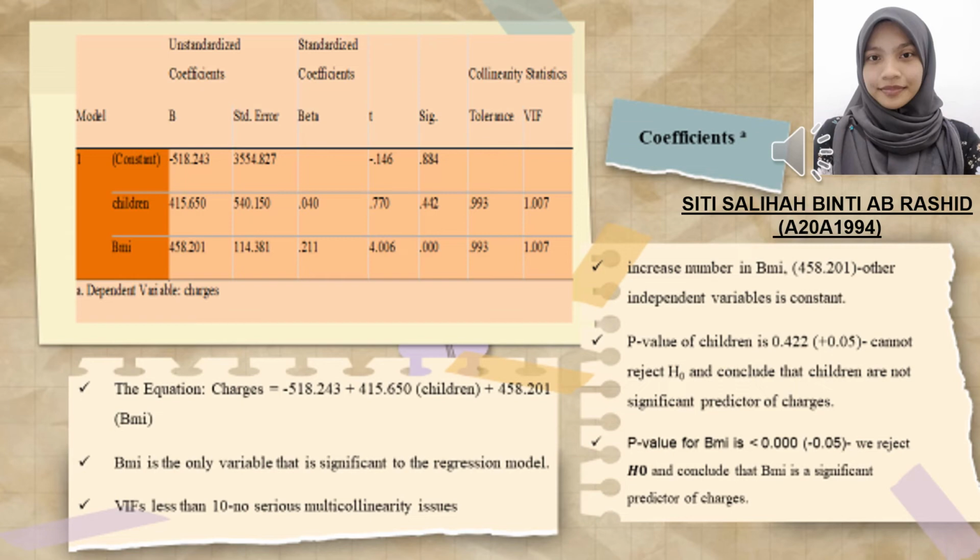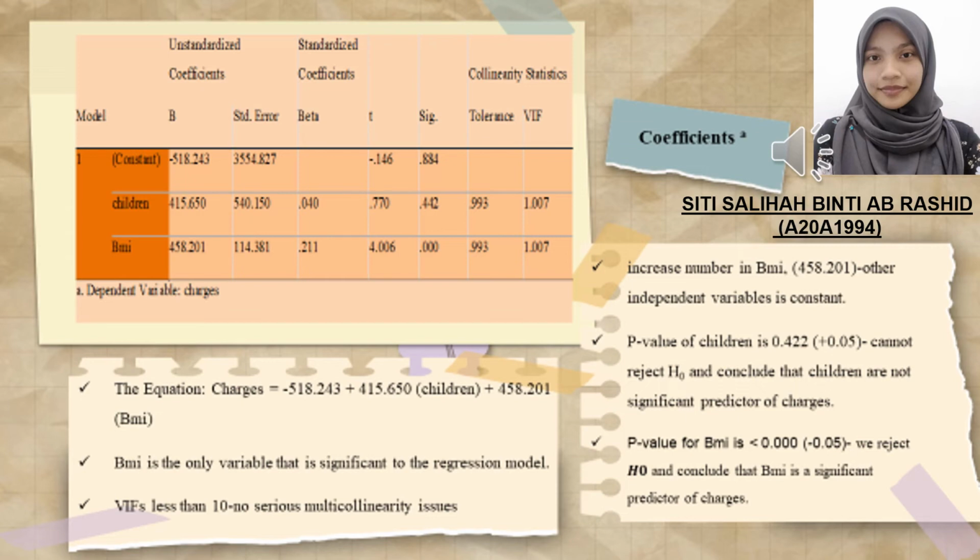Since the VIF of the two independent variables is less than 10, we can conclude that there is no serious multicollinearity issue. For every one-unit increase in BMI, the charge will increase by 458.201, on condition that the other independent variable is held constant.